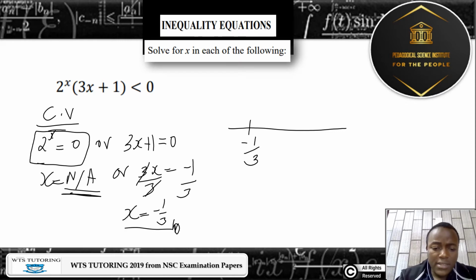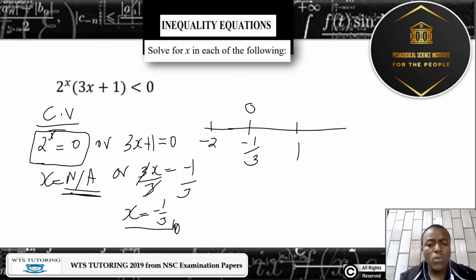So how do you test? Because it's less than, we use an open circle to show that minus 1 over 3 is not included, and we test on the sides. On this side we can have minus 2 because we are moving to the negatives, but on this side we can have 1 or 0, because we are moving on the positive.